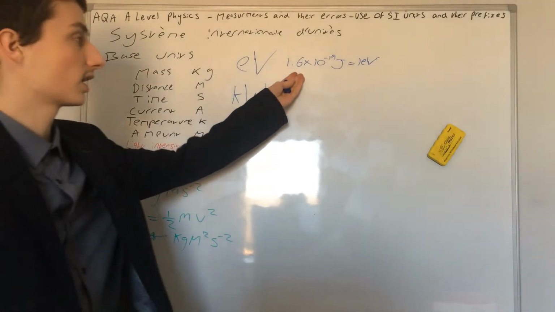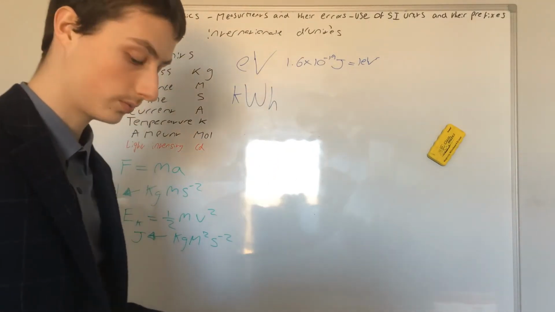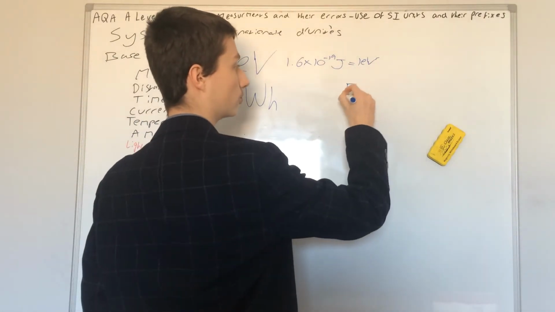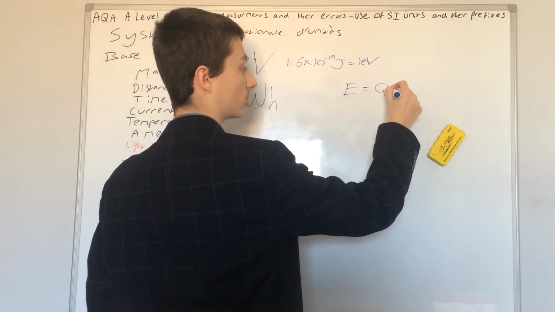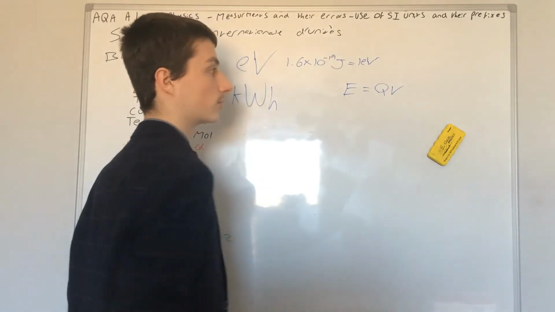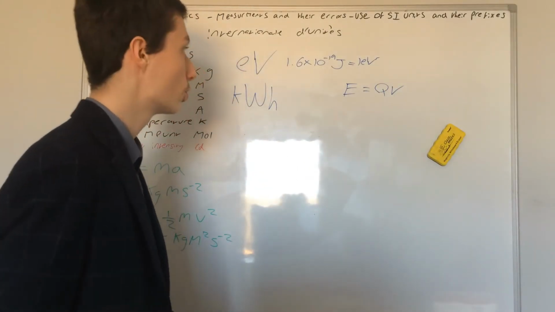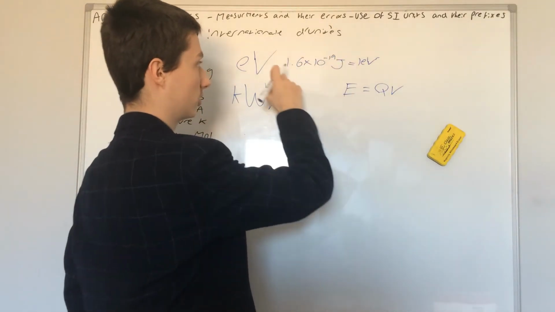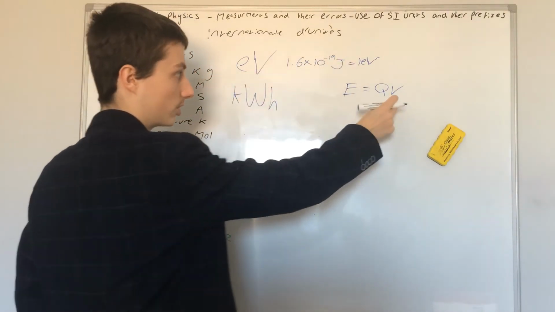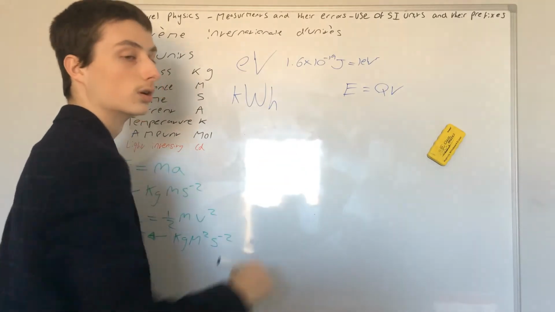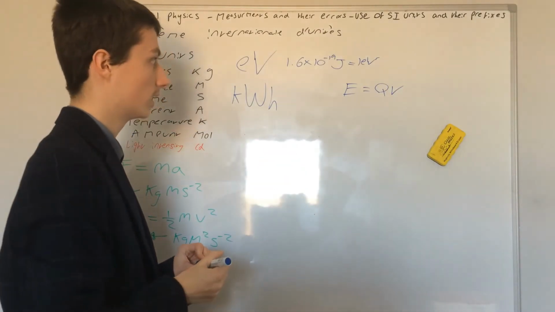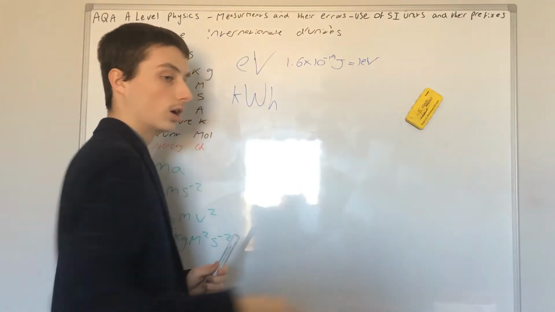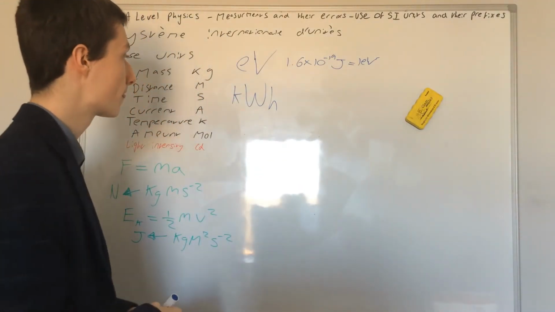That's like a number like Avogadro's constant, you'll have to know. It's that because energy is equal to charge times the potential difference. The elementary charge of an electron is 1.6 times 10 to the minus 19, and as it's for 1 volt potential difference, we times it by 1 to get that amount of energy. That's another unit of energy we can use on the quantum and subatomic level.